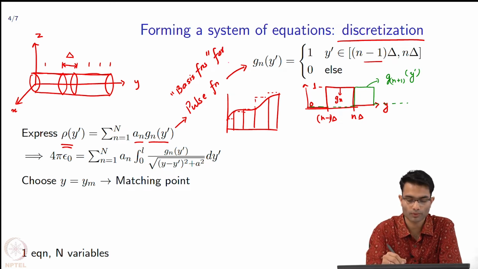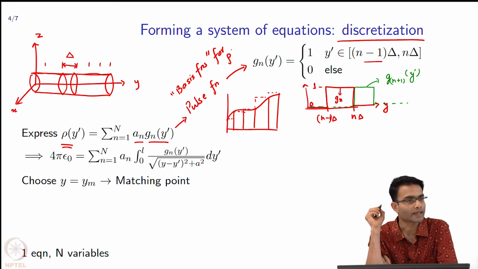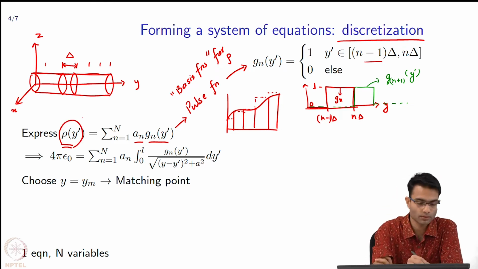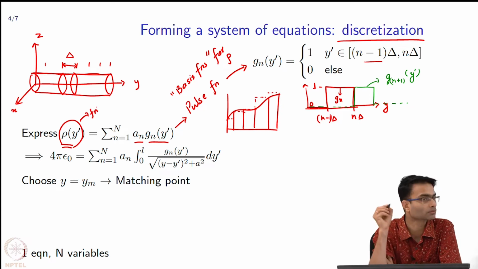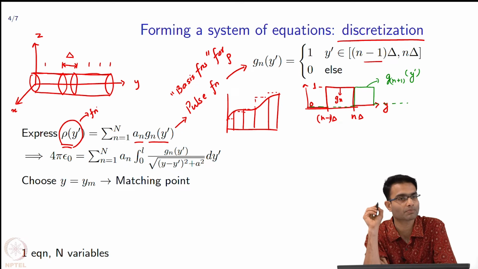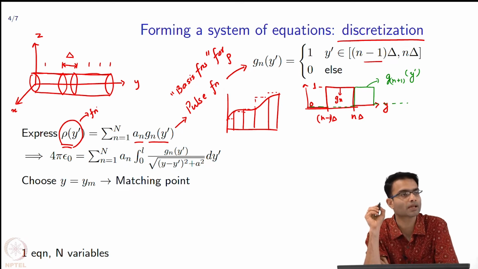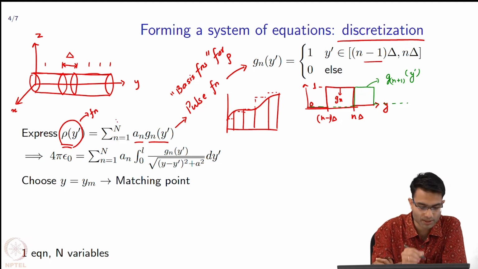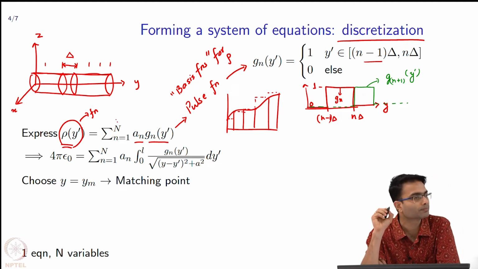for rho. Now, having done this, remember our unknown was this rho, which was a function. Now, solving for a function is a difficult thing. Let me make my life a little simpler. Let me now solve for something else. When I converted from rho to this expression over here, what became my unknown? The a's, right.